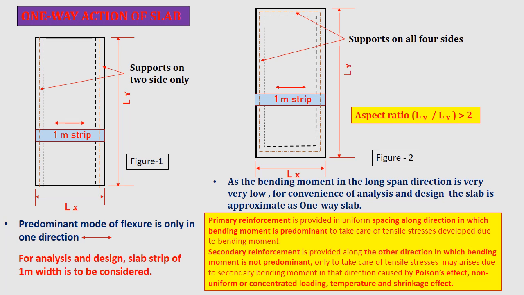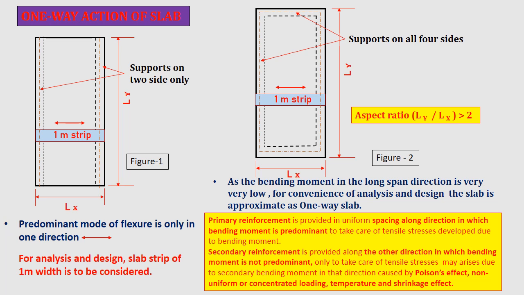So in figure 1, this slab is supported only on its two longer sides, so the predominant mode of flexure will be in the shorter direction. However, if this slab is supported on its two shorter sides, in that case the predominant mode of flexure will be along the longer direction.